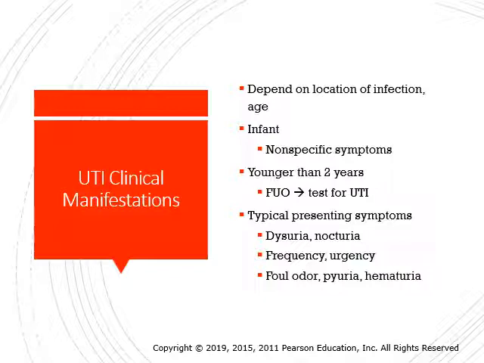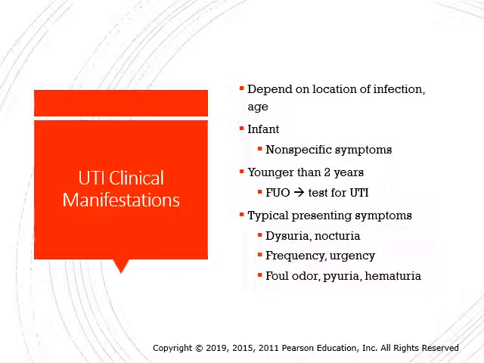A patient younger than 2 years old who has a fever of unknown origin, which is FUO, needs to be tested for a UTI. Now, this is not the nurse's job. This is just a standard of care, one thing that we would look at for kids younger than 2 years old with a fever.